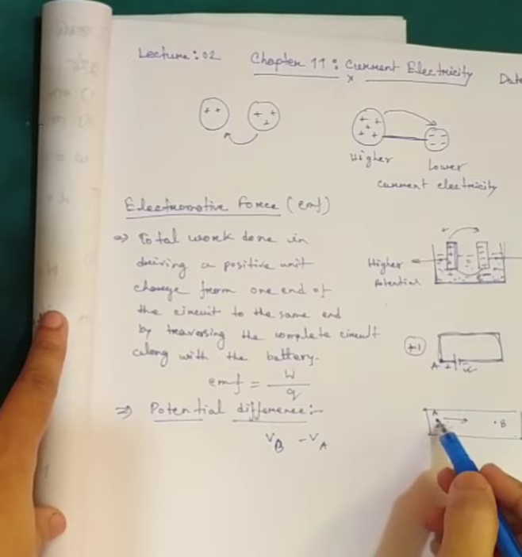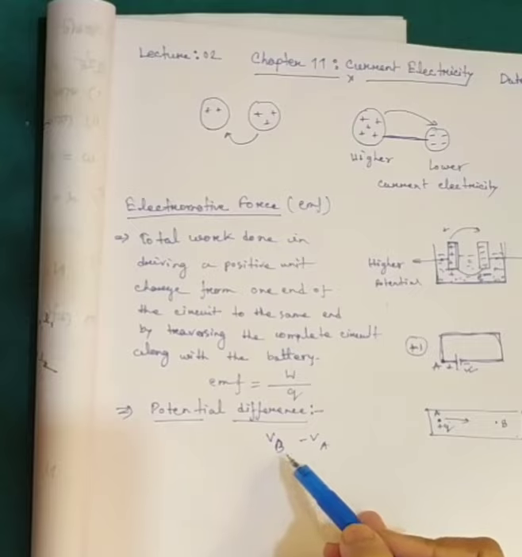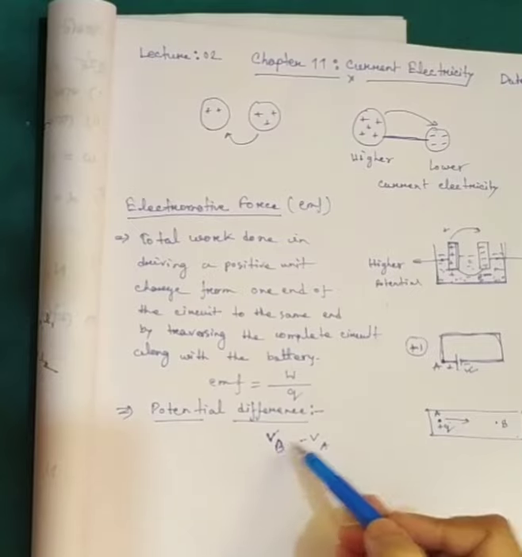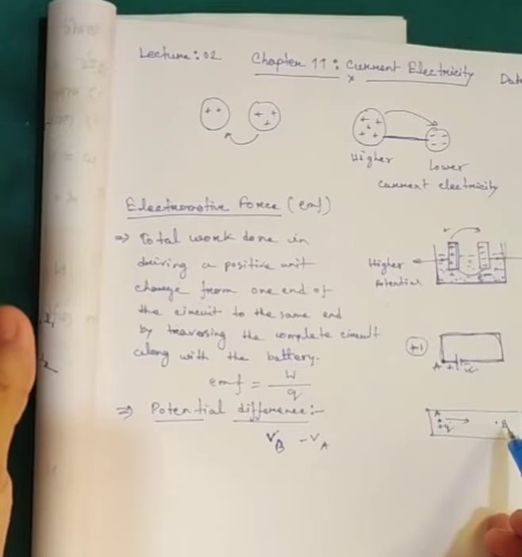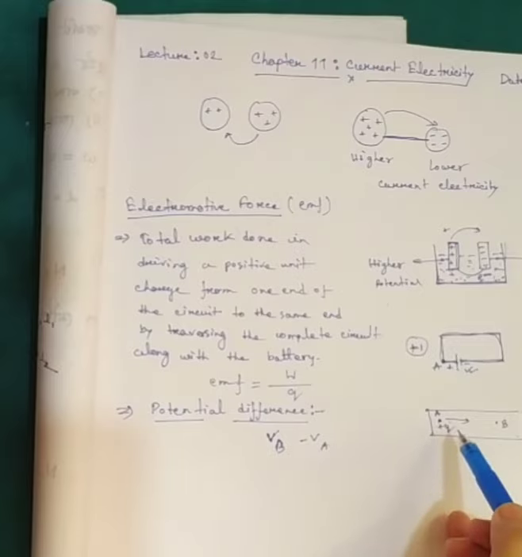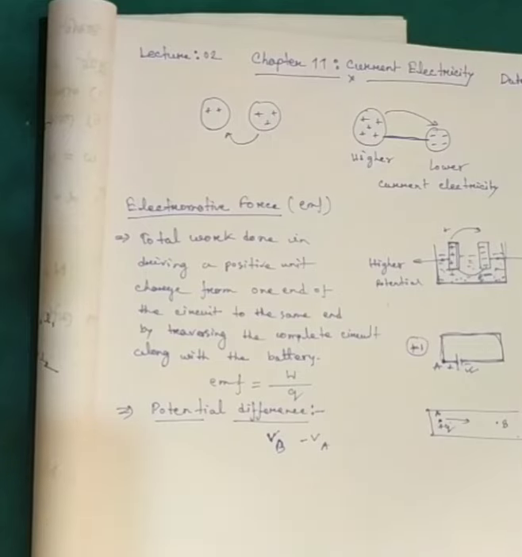We are just bringing the unit charge from point A to point B, but here the potential difference will be VB minus VA. VB is denoting the potential of point B, because the charge has moved to the point B, it will have higher potential, and VA is the potential of point A. Okay, so this is called potential difference.